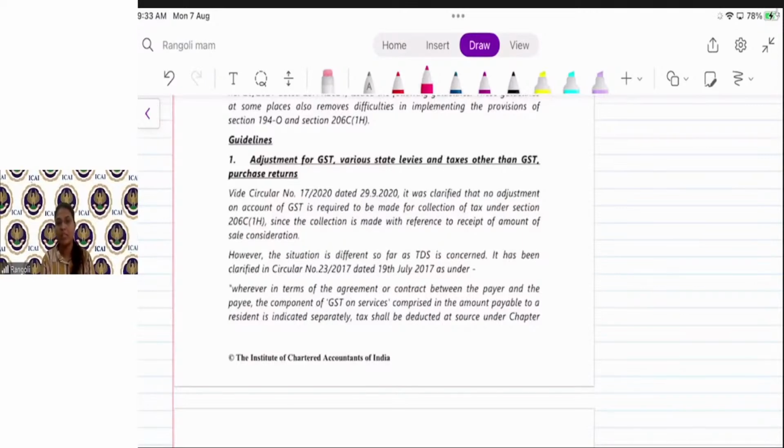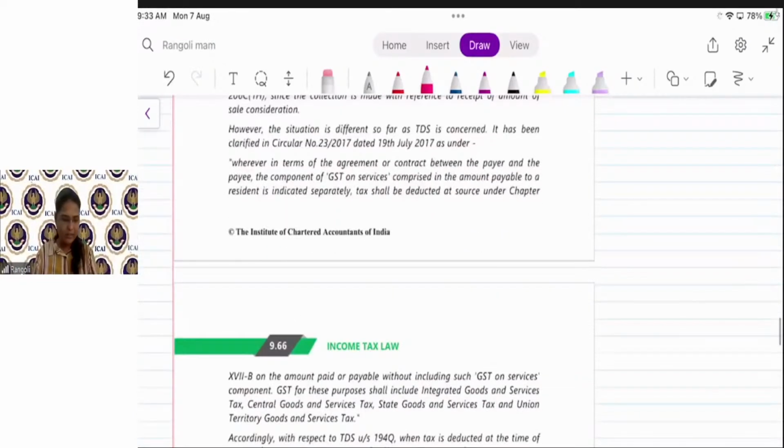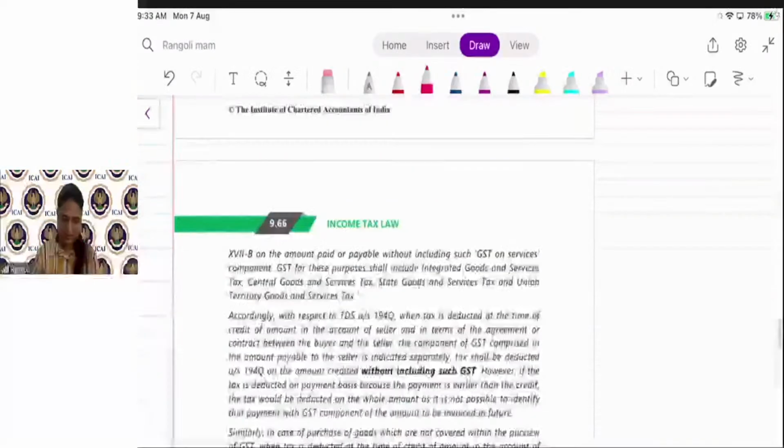But if you are making an advance payment, then you will not have any idea from the payment amount what the component towards GST is. So in case of advance payments, TDS is required to be deducted on the entire payment. If the credit is earlier, then TDS is required to be deducted on the component without GST. Clear?